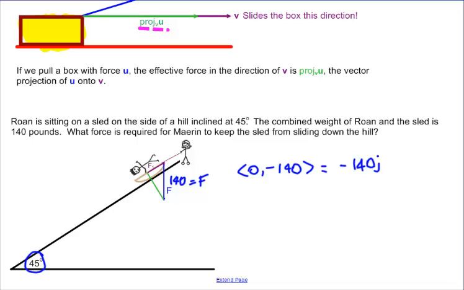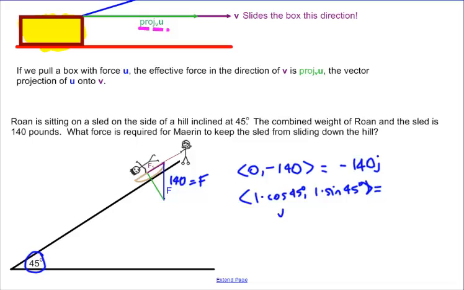So we're going to look at a unit vector so that we've got a direction, and we're just going to take 1, which would be a magnitude in this case, again, just for direction purposes, times the cosine of 45 degrees, and then 1 times the sine of 45 degrees. This is the direction that Rowan is going to slide once Marin lets go.